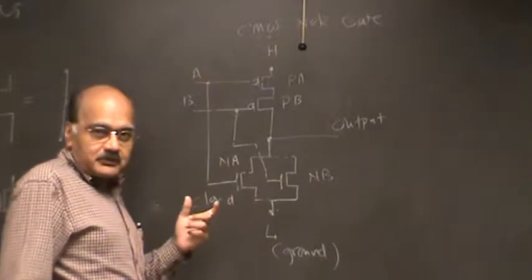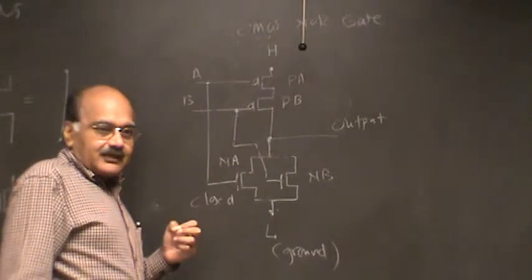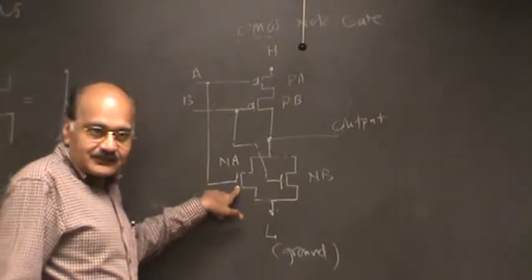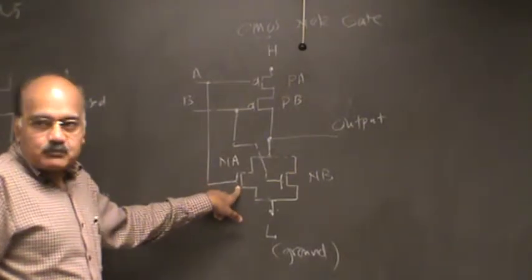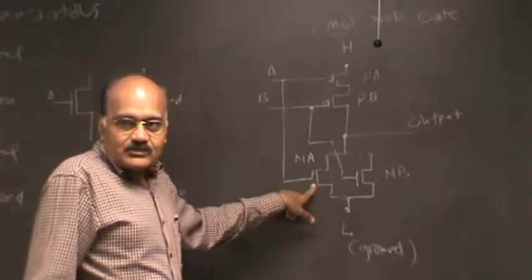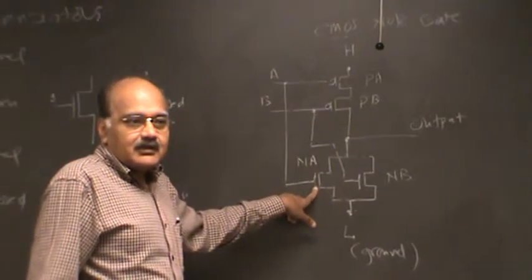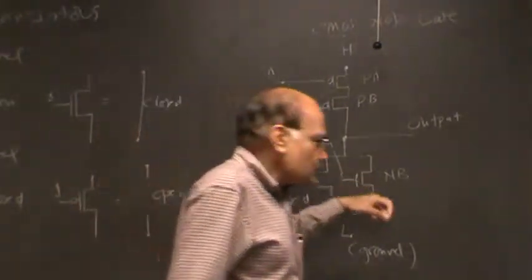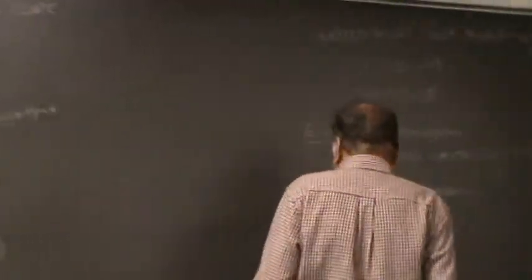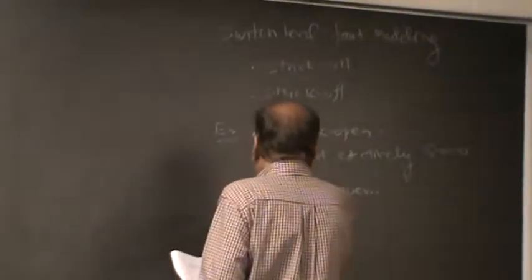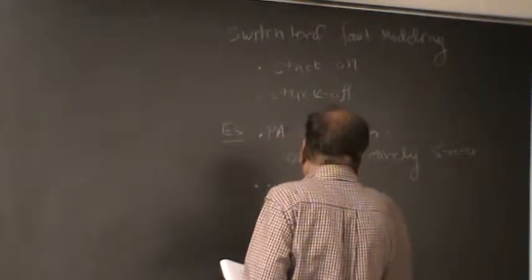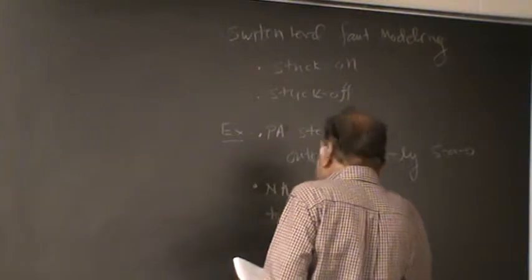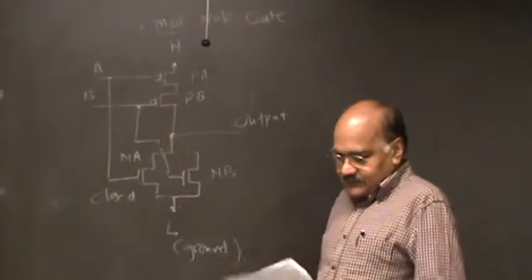Now, one important principle in testing is that if it is stuck at something, if you want to test it, you have to get it in the opposite state so that you can make a distinction. So in order to test it, to sensitize the output, you have to make the output dependent on this.